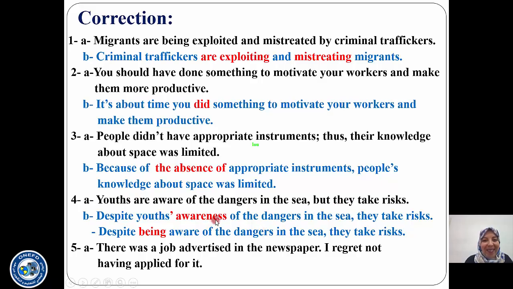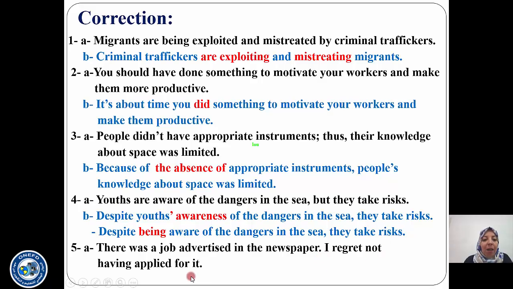I hope it's clear. There was a job advertised in the newspaper. I regret not having applied for it. So the sentence should be with if only, to express wish. If only and I wish are exactly the same, and they should be used with the same tenses. Only three tenses: past simple, past perfect, or conditional simple, conditional present. It's clear that the sentence expresses regret.